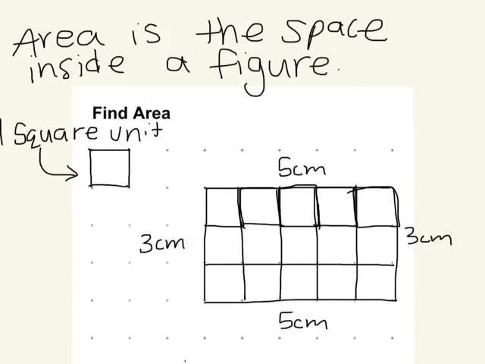So the area for this figure is 15 square, and we know what the units are. They are centimeters. 15 square centimeters. You may even see it written like this with a little 2.